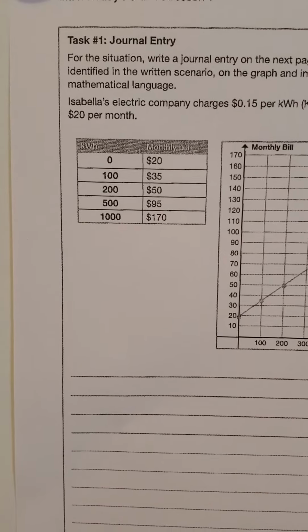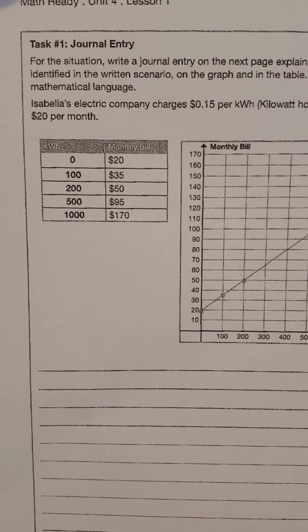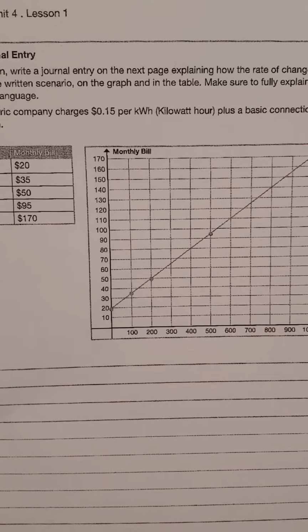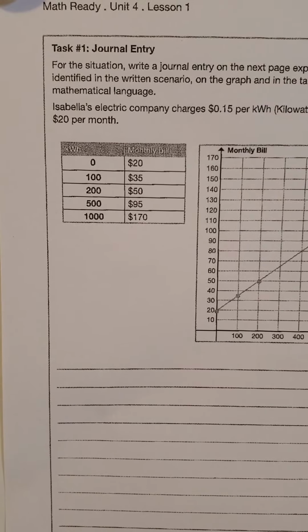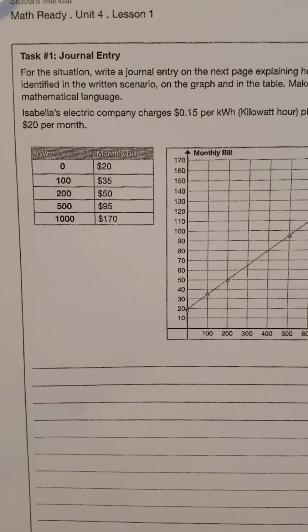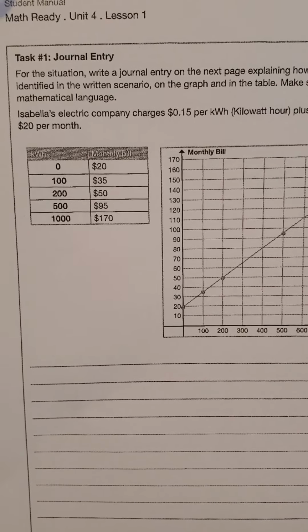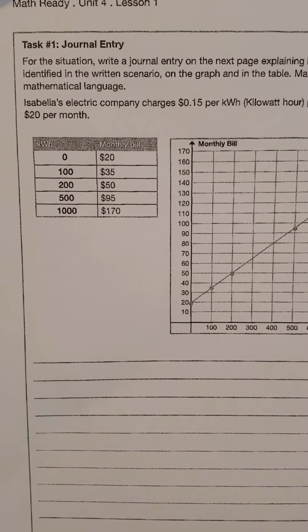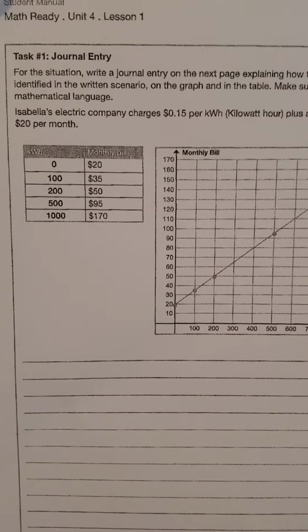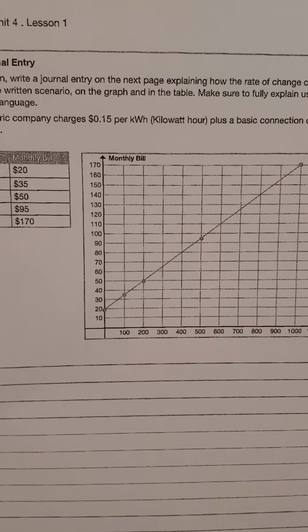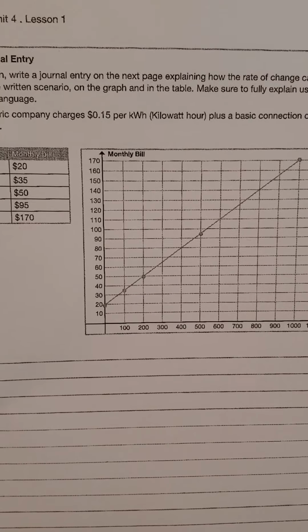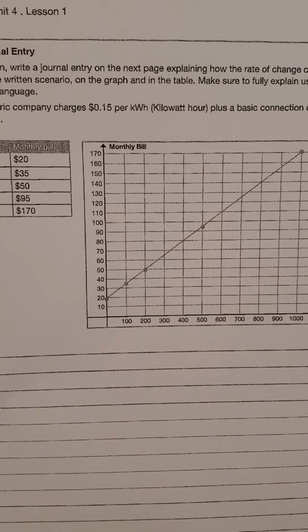Okay, so it says Isabella's electric company charges 15 cents per kilowatt hour plus a basic connection charge of $20 per month. So we're going to write just a few sentences about the written scenario first. If we look at this, we should be able to determine that when it says 15 cents per kilowatt hour, 15 cents becomes my rate of change.